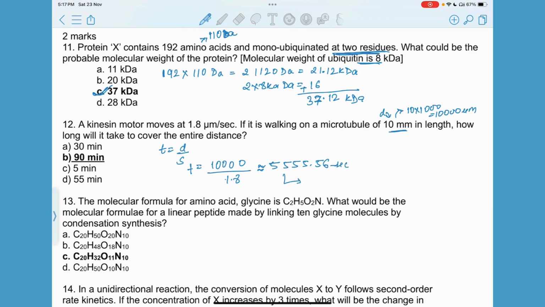Let's convert this into minutes, that is, divide it by 60. It will become approximately 92.59 minutes. That is option number B.